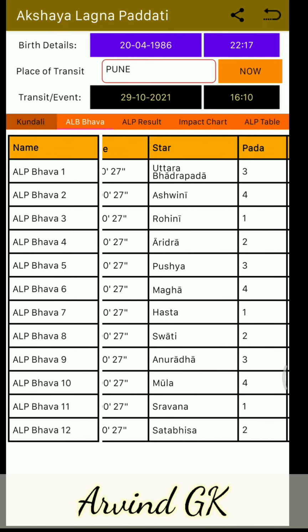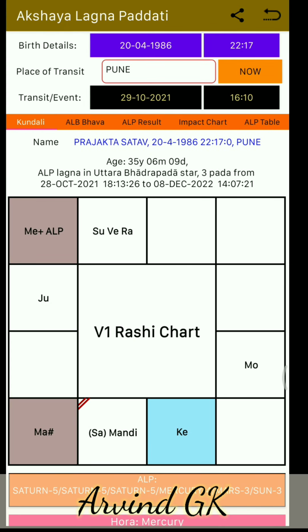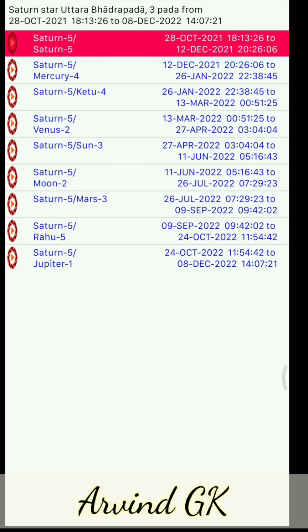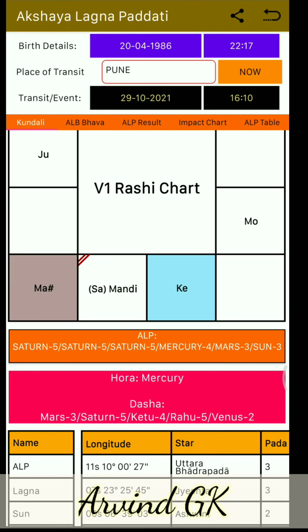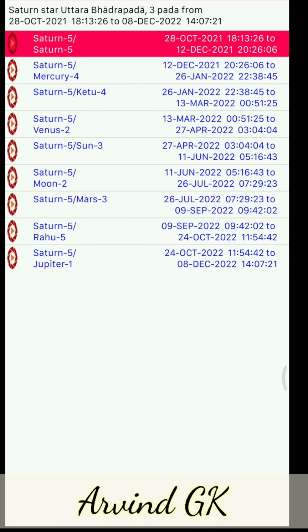So this is how we see in the chart. Basically in Akshaya Lagna Paddhati, we go into much detail and break down into much finer parts. Here, this is the Dasa Bhukti at the bottom: Mars, Saturn is your Dasa Bhukti. But the ALP Dasa Bhukti is different. It starts from Saturn.